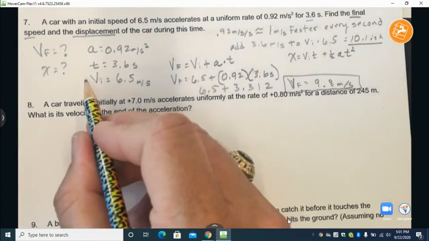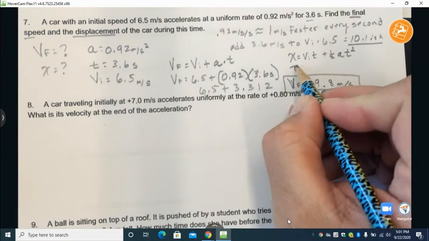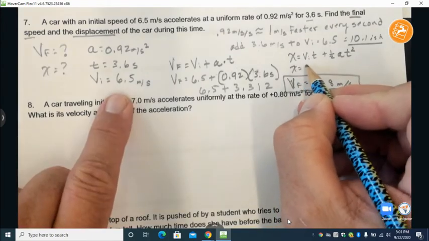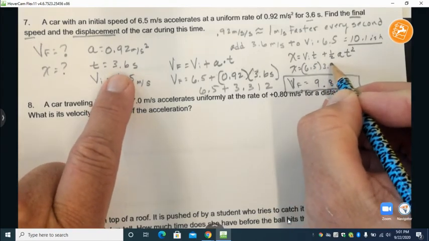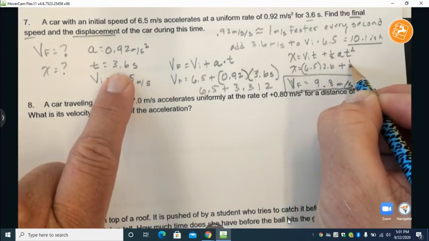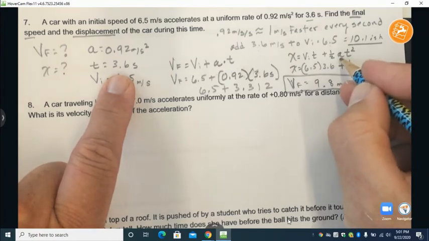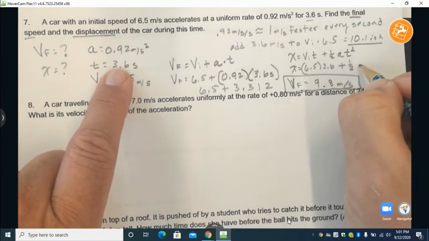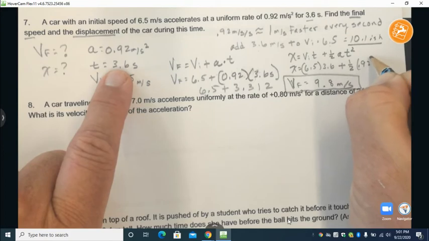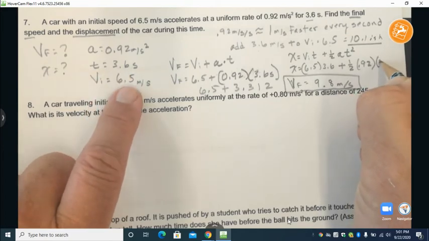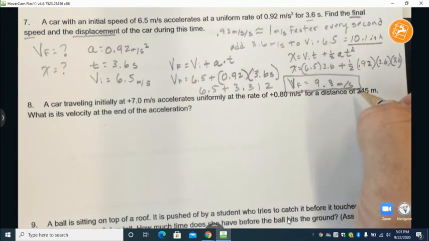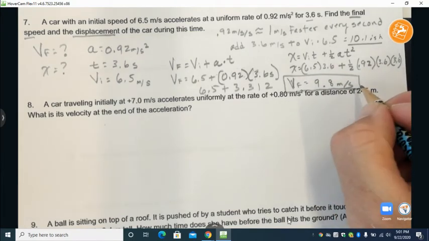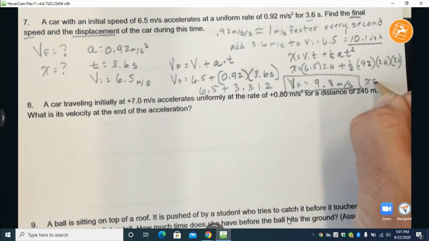So we'll substitute in our information. We'll go x equals the initial velocity, 6.5, times the time that occurred, 3.6 seconds, plus any new motion, the motion due to acceleration, which is 0.5 times 0.92, times the time squared, which is 3.6. And I like to write that twice to remind myself to multiply it. So there's our expression, and our final answer will be x equals.